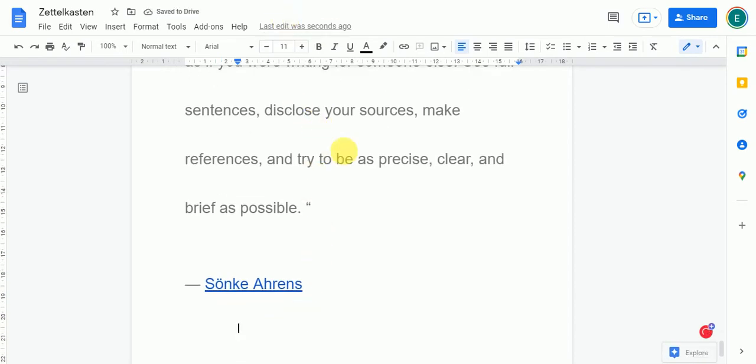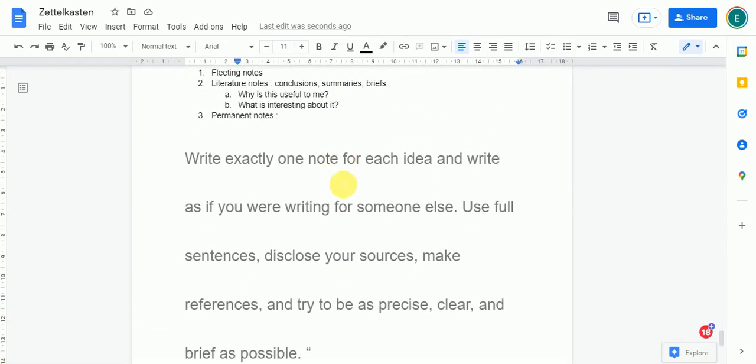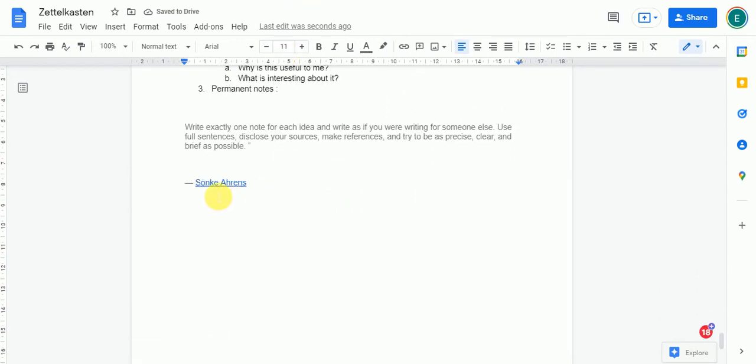It seems a bit elaborate. Let's make it short. This is what you need to understand. Suppose you have written an idea and now you need to understand it in future. The way you write it should be something like you are explaining this idea to someone else.